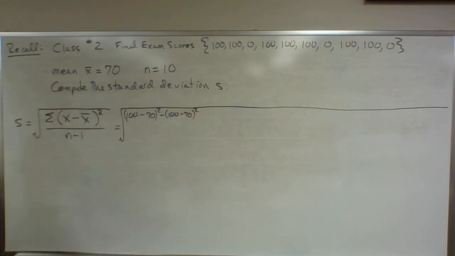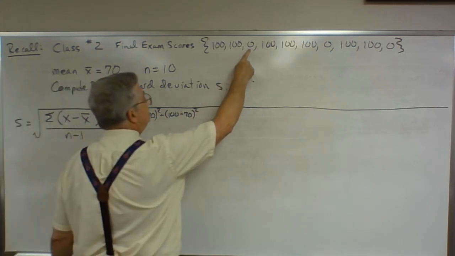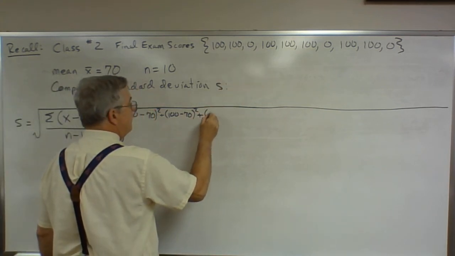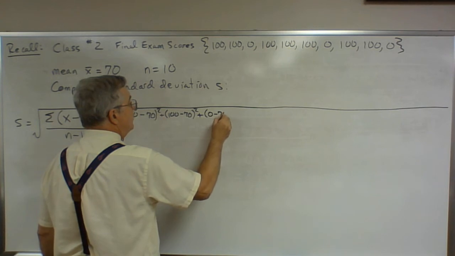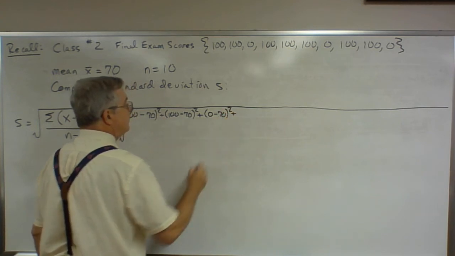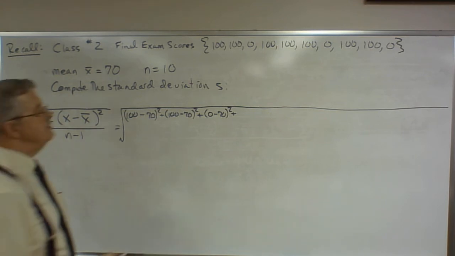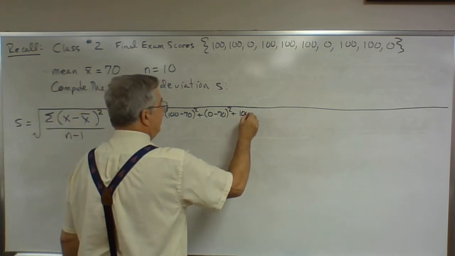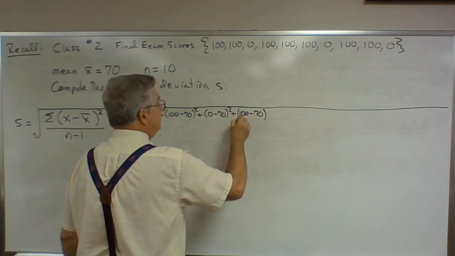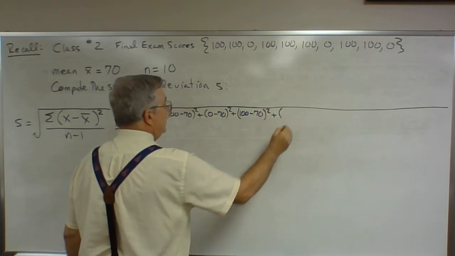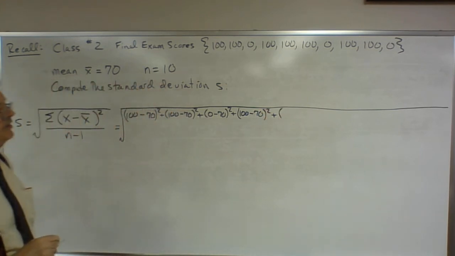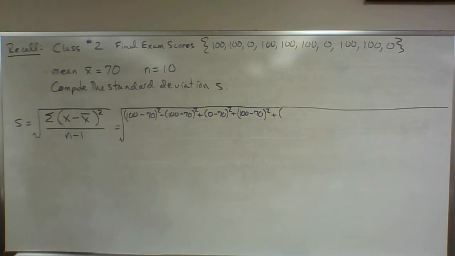The third data value is 0. The mean is 70. The fourth data value is 100 minus the mean, 70. And of course, we're squaring all of these differences. Holy moly, that's just 4.